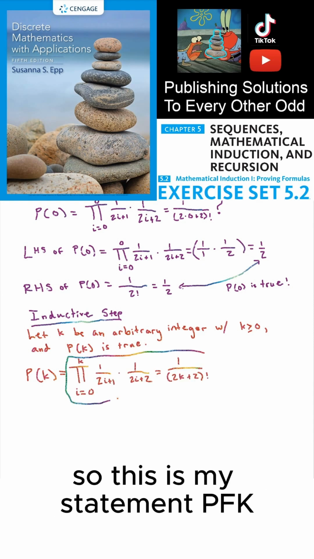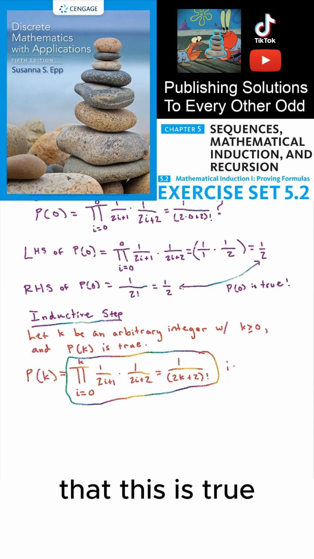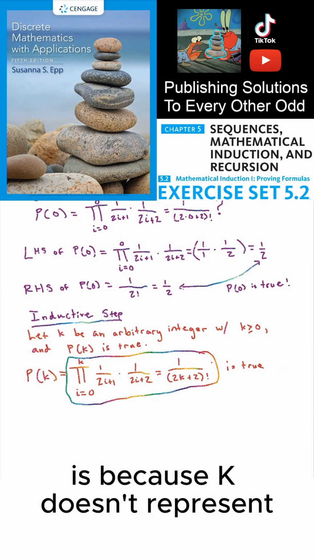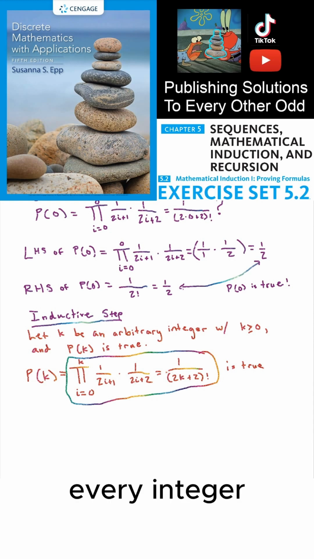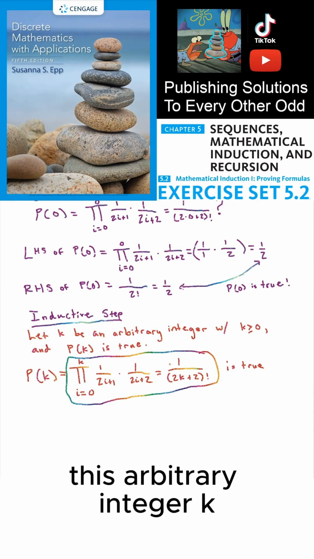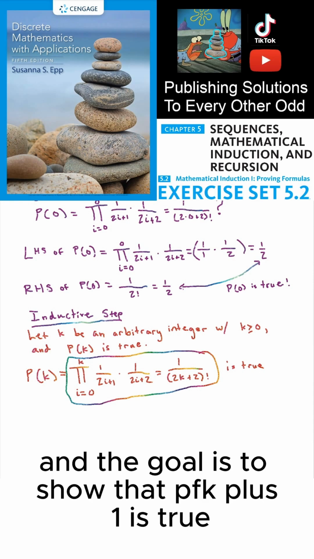Now, the reason why this isn't circular reasoning is because k doesn't represent every integer. k just represents one arbitrary fixed integer, and we're assuming that P of k is true for specifically this arbitrary integer k, not for every single one.